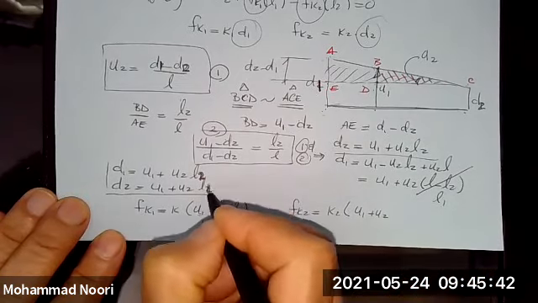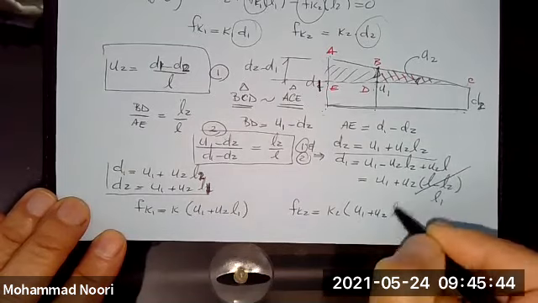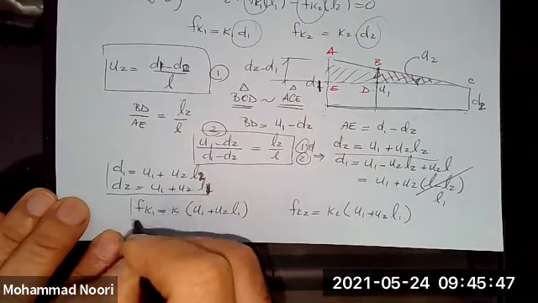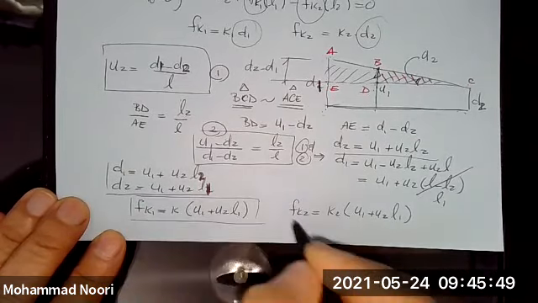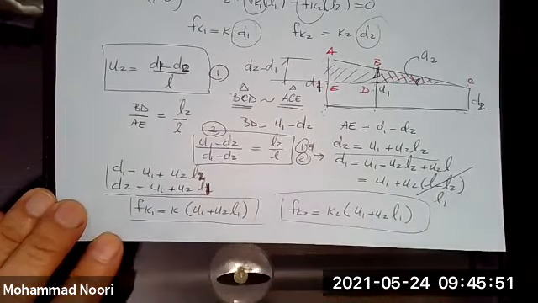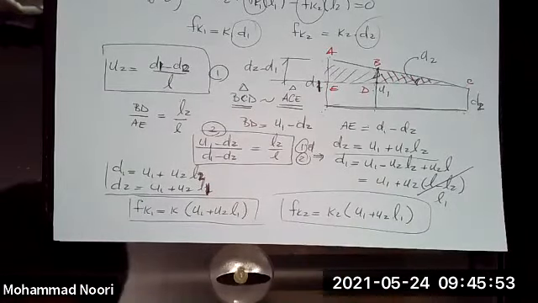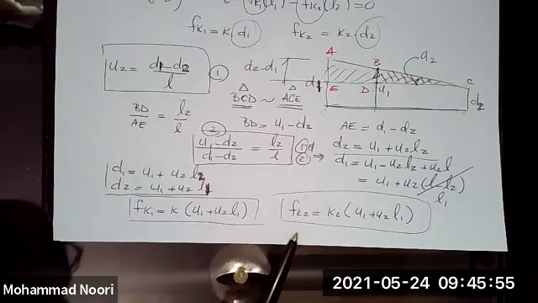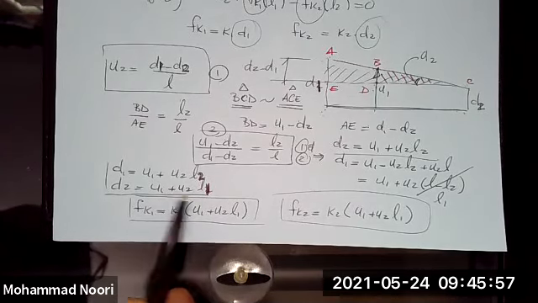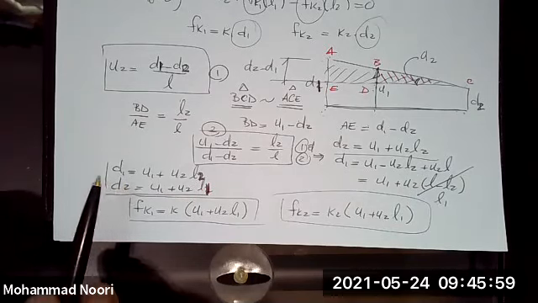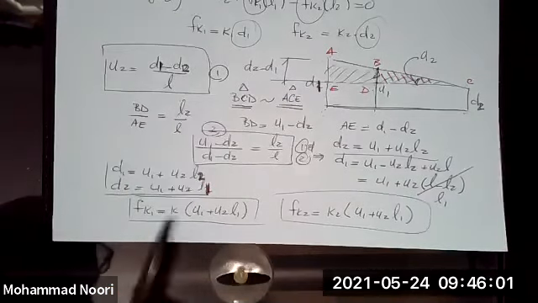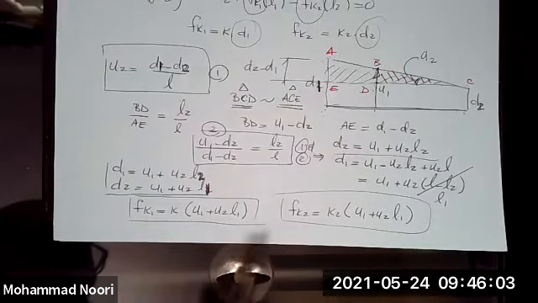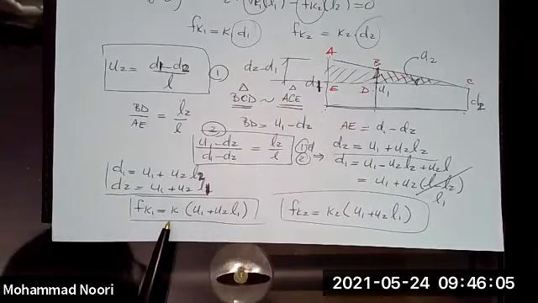I am making so many mistakes today. What's going on? It's only Monday. I'm glad that this time I corrected it myself. So by relating D1 and D2 to the two degrees of freedom, these are the two forces in the two springs.